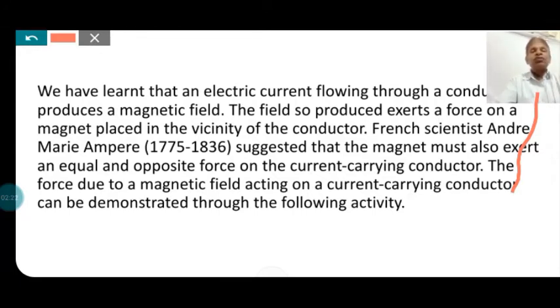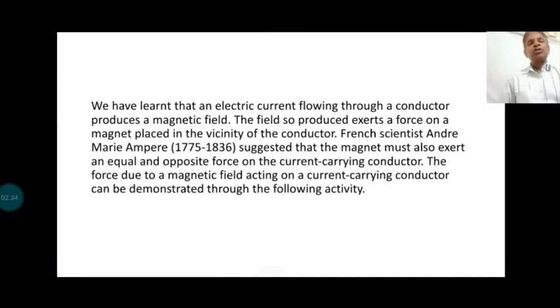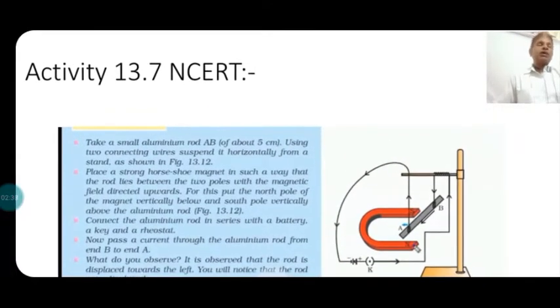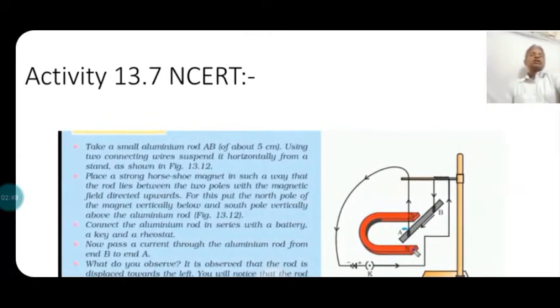The force due to the magnetic field acting on the current carrying conductor can be demonstrated through the following activity given in the chapter, Activity 13.7. Now we are going to discuss how the magnetic field exerts a force on the current carrying conductor placed inside it.